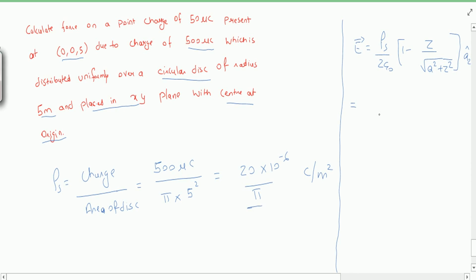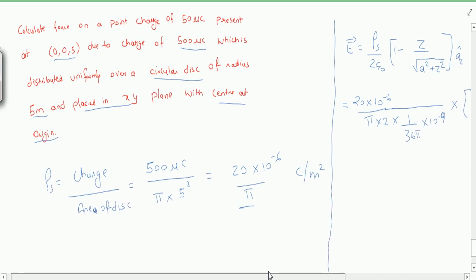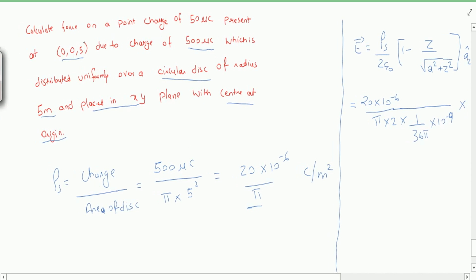It is this 20 to the power -6 divided by pi, into 2, into epsilon naught, whose value is 1 by 36 pi into 10 to the power -9, and this gets multiplied with 1 minus z. Z is basically the height at which we are calculating the electric field. So z is this 5.